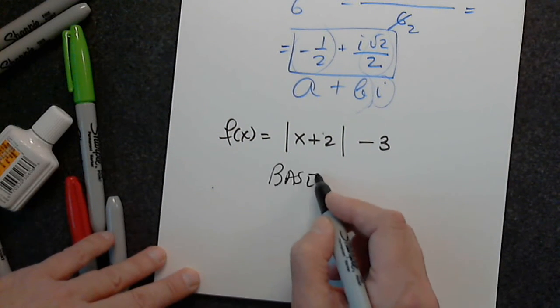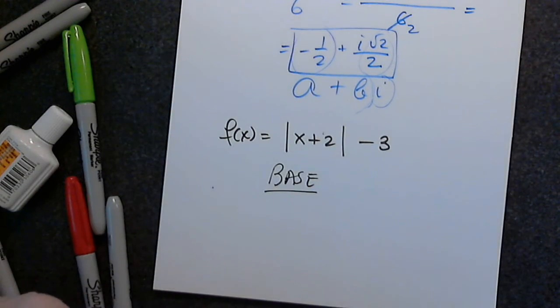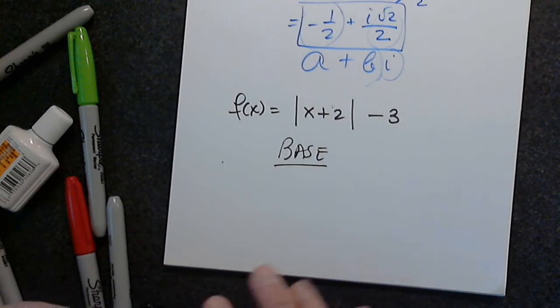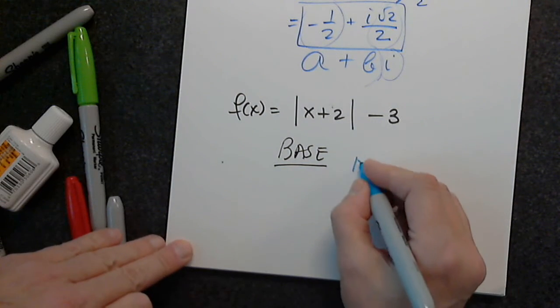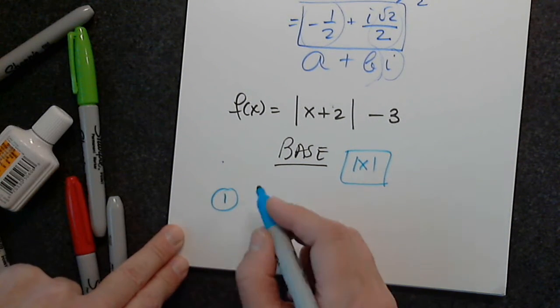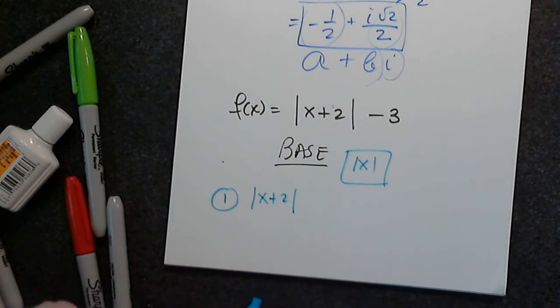What is the base function that I use to create this function? Is it just f of x equals the absolute value of x? That's it. This is the base function. This is the function we use to create this. Now, the first transformation is x plus 2.